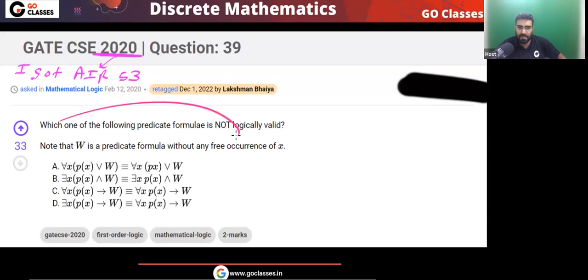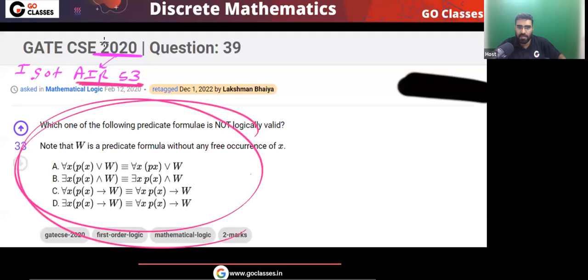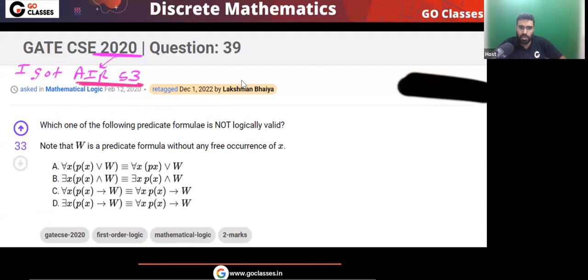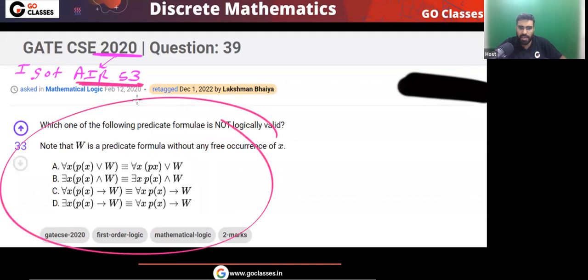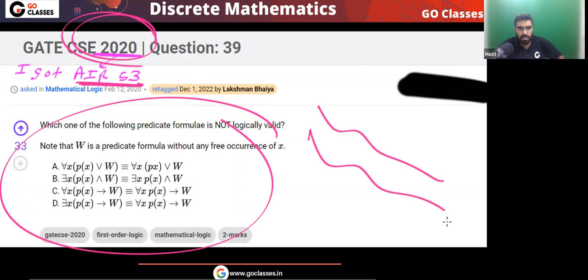And this is the reason. These type of questions are the reason, because many students cannot solve this type of questions. Why? Because till 2020, no one taught this concept. No student studied, no teacher taught.